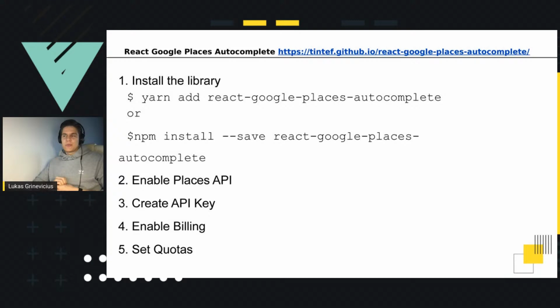And it's pretty hard to do that because they give you $200 each month to use. So unless you publish your application to a real world application where you need this autocomplete, then you might start going over the limit. But of course, you also need quite a lot of users there.